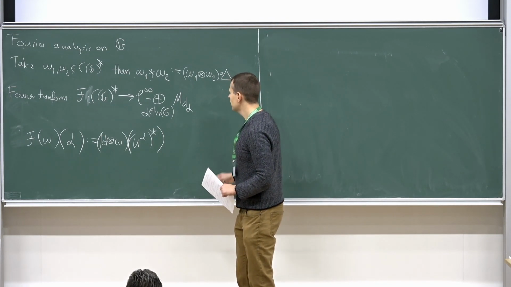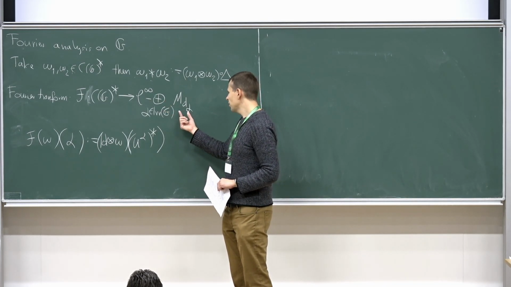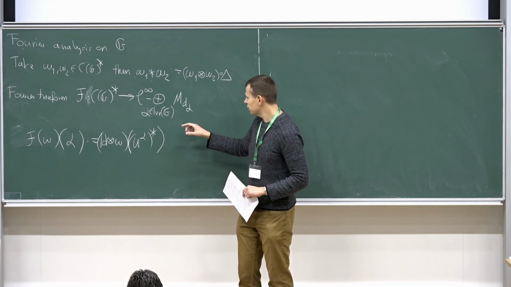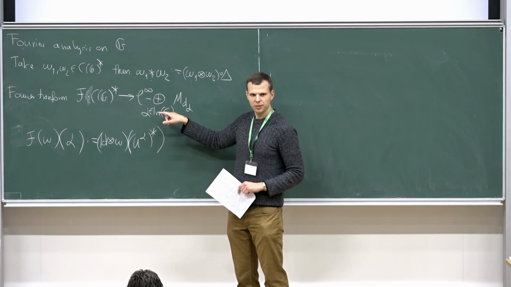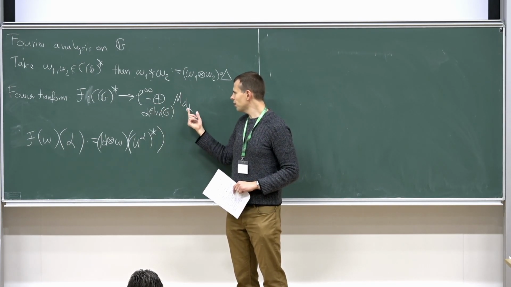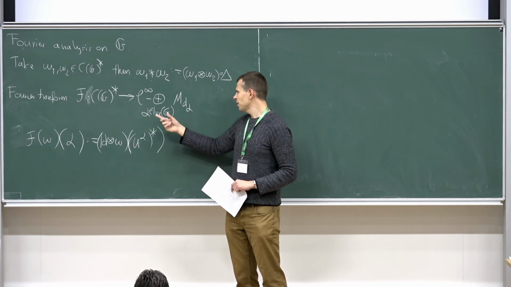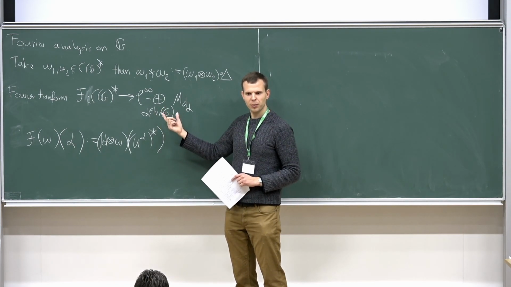Okay, and how does this relate to the right regular representation? As I said, the right regular representation decomposes into all the irreducibles of G. So this is basically the von Neumann algebra, because it's an infinite direct sum, generated by the image of the right regular representation.